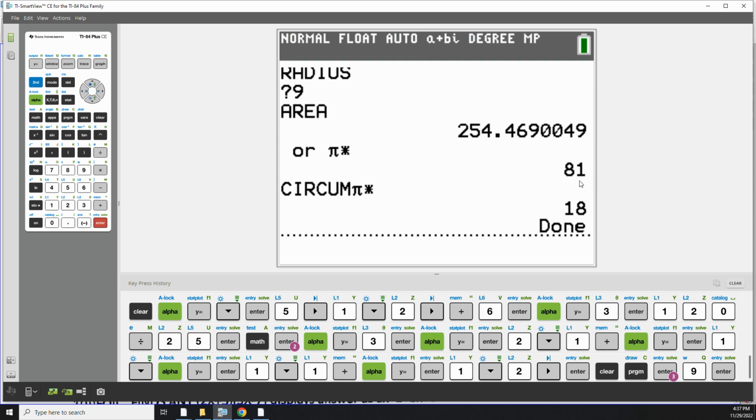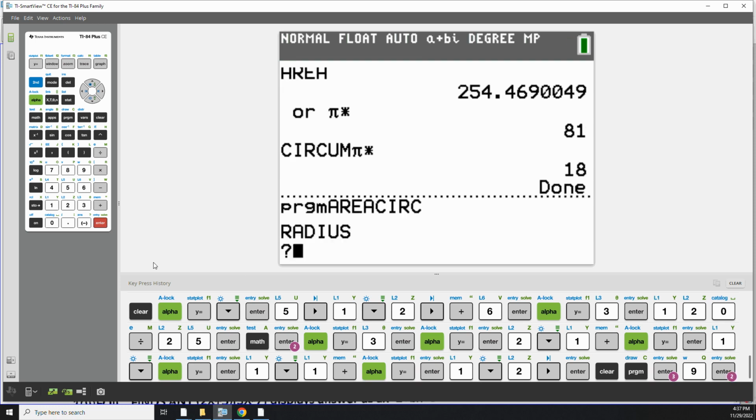Or what does the math geek want to hear? Pi times 81. Or 81 pi, huh? And then the circumference is thrown in at no extra charge. That's pi times 18. Beautiful thing about the program. Hit enter and you stay in it. That way if I'm doing 3 circles in a row, I can just type them all in.